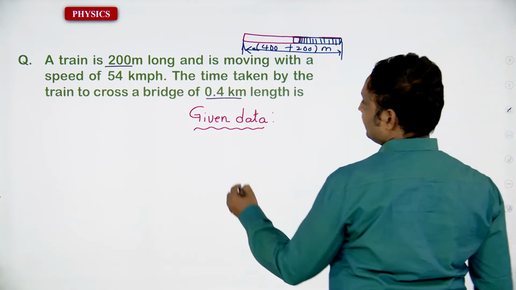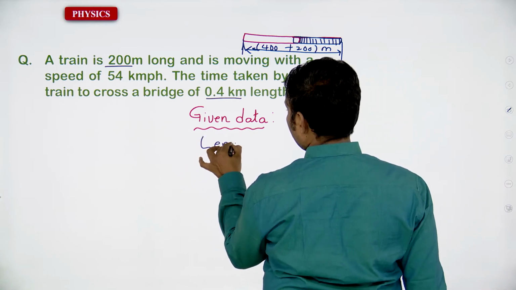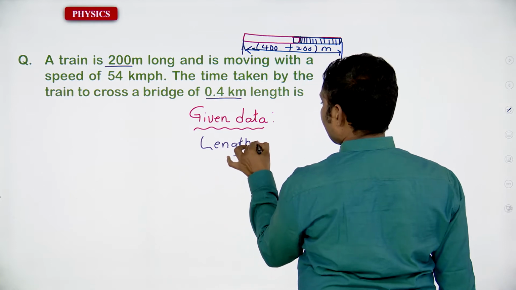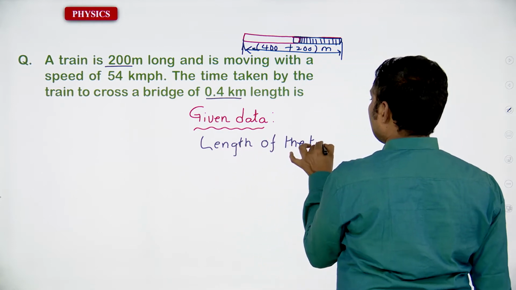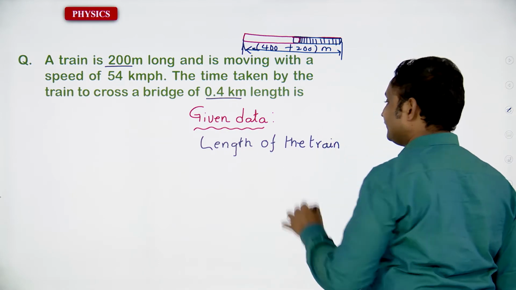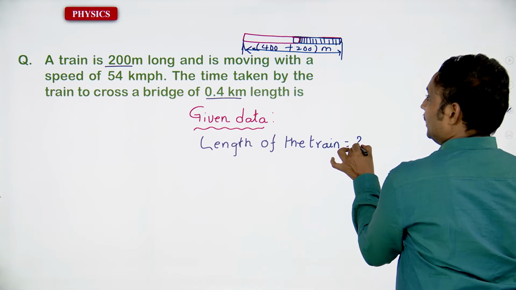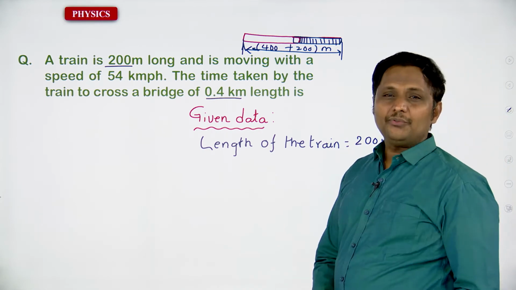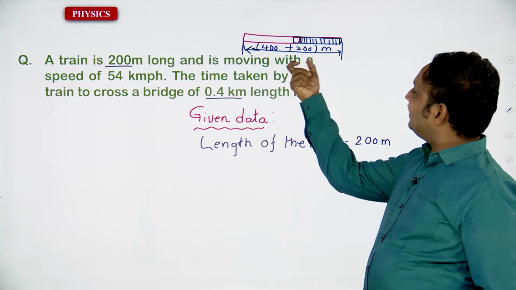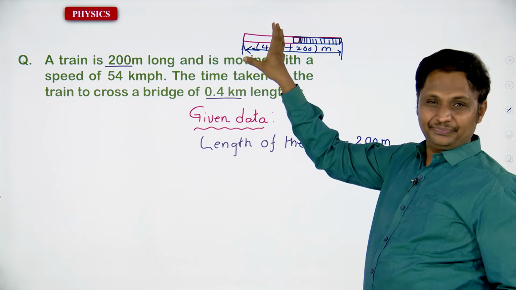The length of the train is 200 meters. You have to consider the total length which is crossed.